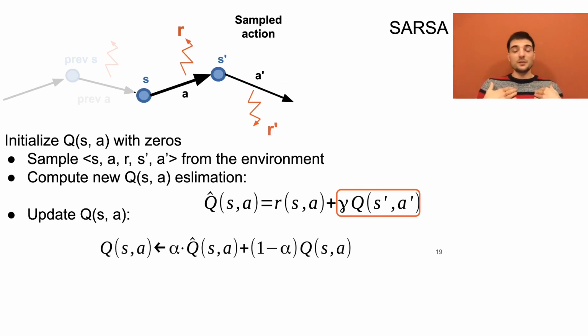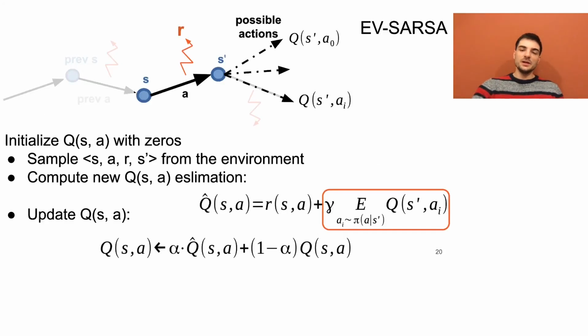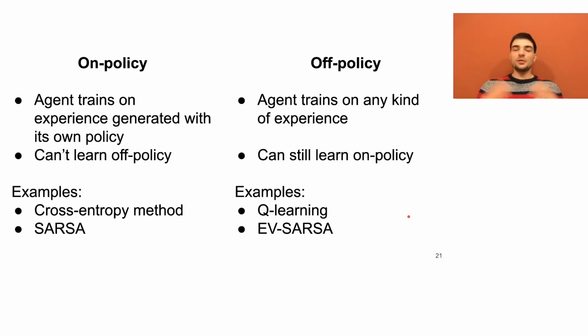I understand, at least for me, when I saw the off-policy and on-policy difference, it was really strange. So the main idea here is: where are the actions coming from? Are they coming from our current policy, under which we evaluate our Q function and its updates? Or are they coming from external data, which can be anything? So the difference is here.